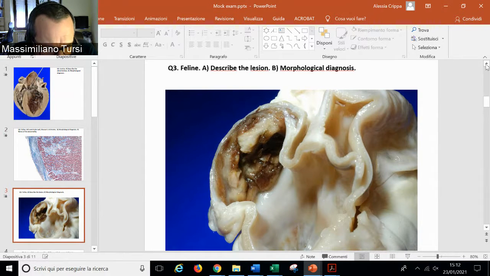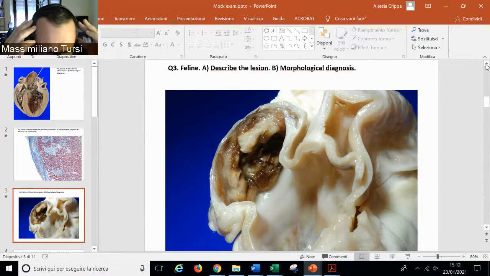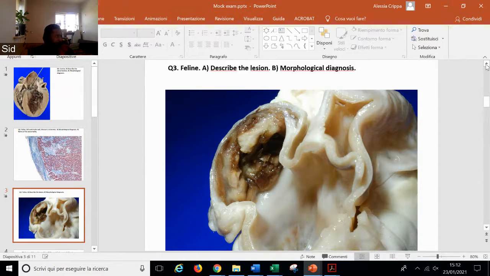Okay. Sid, what about you? Yes, I got this one correct. I didn't note the dilation, but I identified that it was a thrombus in the left auricular appendage. Perfect. And so the morphological diagnosis was left atrial thrombosis, for example. What about Maria?